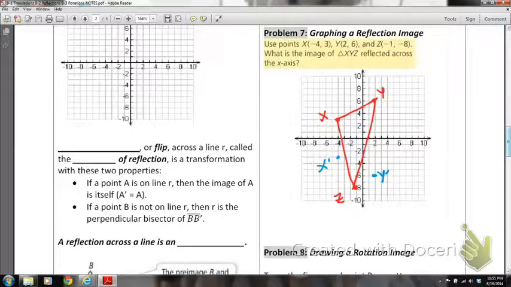Z is 8 units below the x-axis, so when it's reflected, it will be 8 units above the x-axis. So let's draw the image. So the image of triangle XYZ is going to be triangle X prime, Y prime, Z prime.